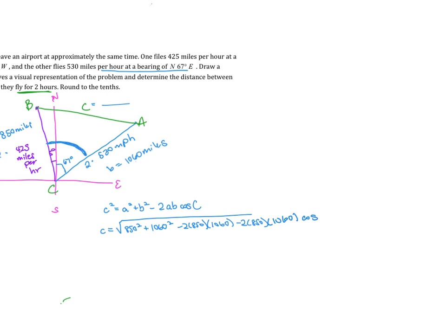So the entire angle there is 67 plus 5, which is 72 degrees. Then you plug it all in your calculator, make sure you take the square root at the end. You will find that the planes are going to be 1,135.5 miles apart after 2 hours.